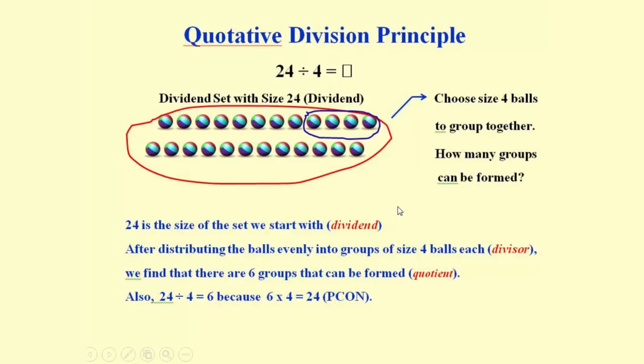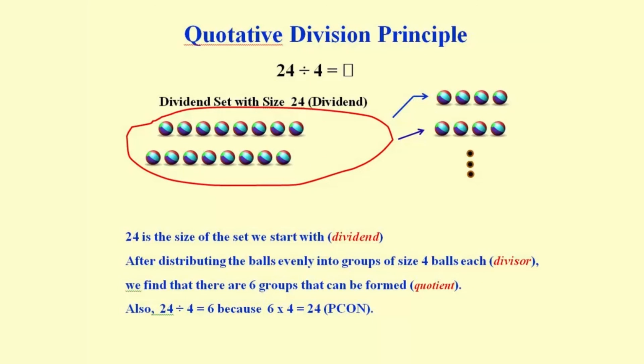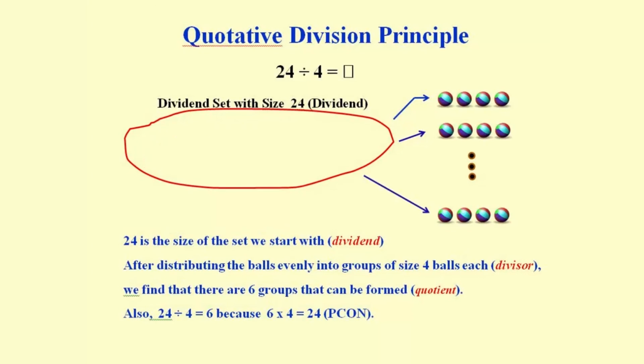So if I go through this little animation for quotative division, I pull out 4, I pull out 4 more, and then I continue this process until I pulled out all the balls that make up groups of size 4, and there's either none left or there may be a few left from which I cannot create groups of size 4.